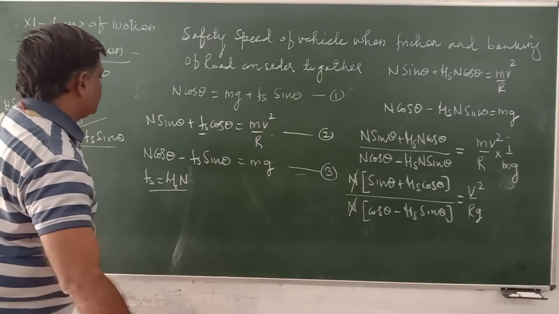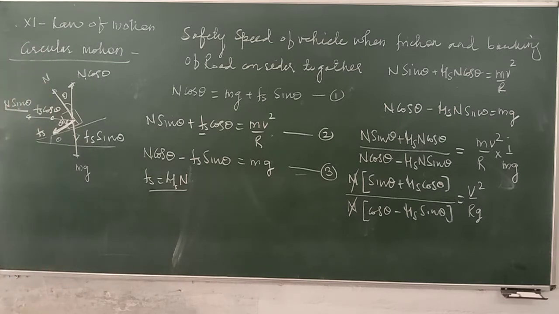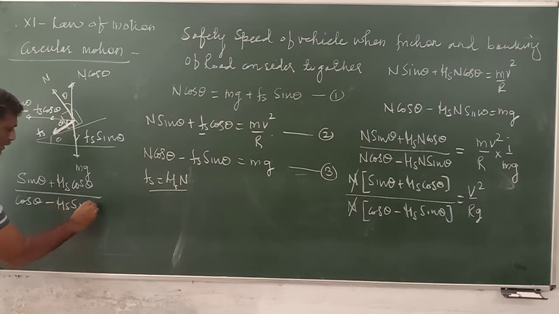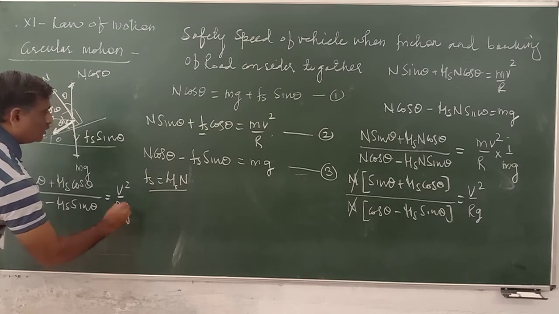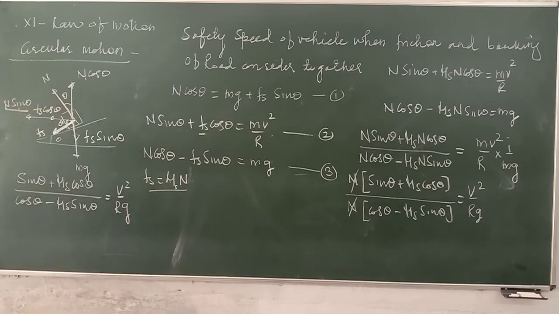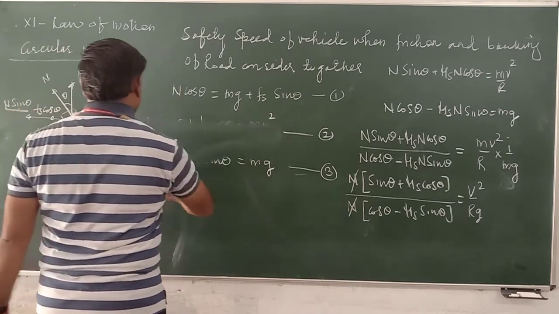You can further write it as sin theta plus mu s cos theta divided by cos theta minus mu s sin theta is equal to v square by rg. Let us see, we can further simplify it.